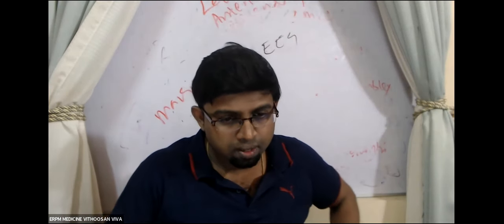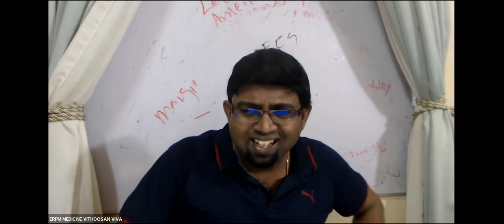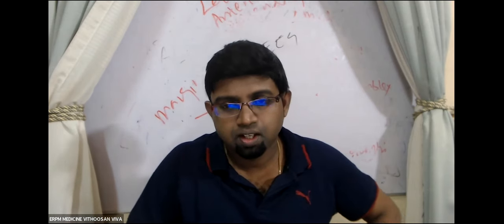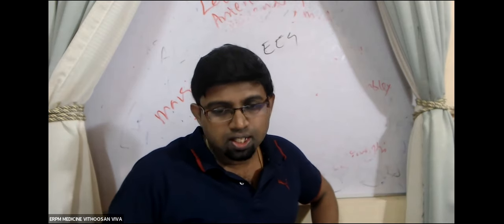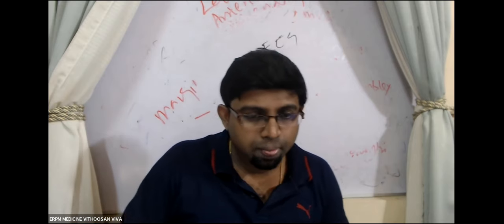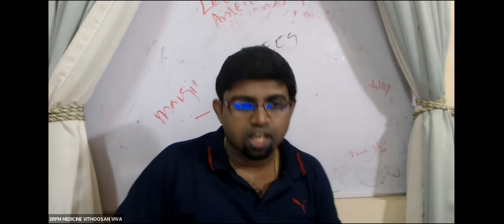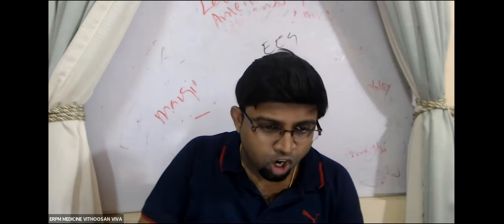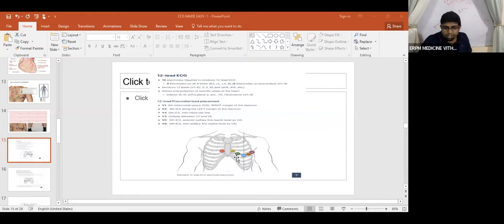Look here, guys. Now, how many leads are there in the ECG? In a routine, normal ECG, how many leads are there? 12. Okay, very good. In a normal ECG, as you rightly said, there are 12 leads.